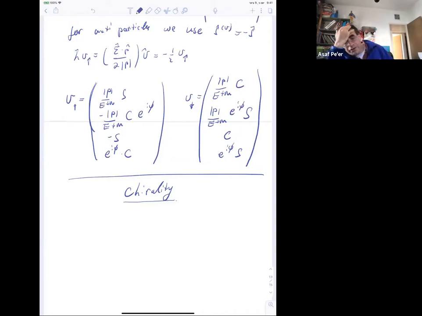Now, chirality is a very important concept in various branches of science, not necessarily physics, right? For example, in the study of DNA, DNA is a chiral molecule. So if you look at the mirror, it's not the same. It's a very interesting question in biology why it is like that. As far as I know, and I'm pretty certain about that, the DNA of all living creatures on Earth has the same chirality.